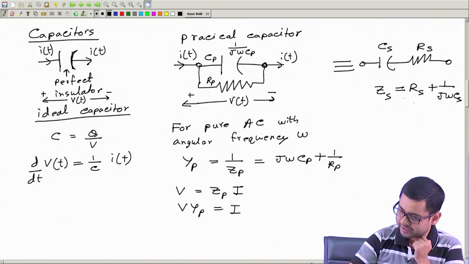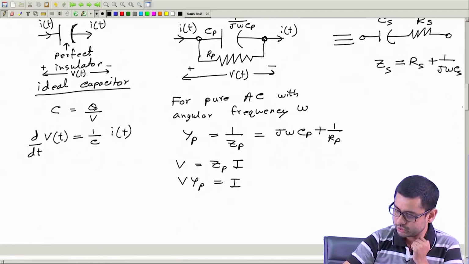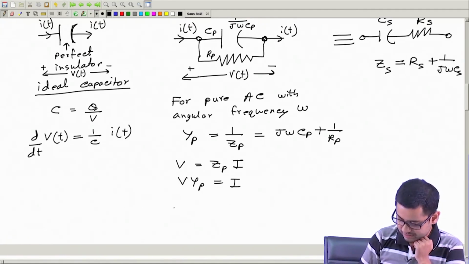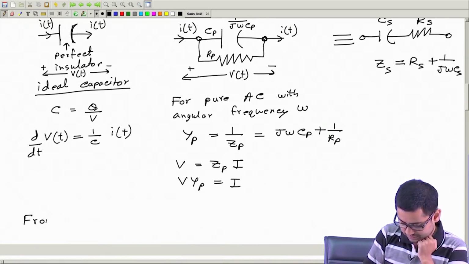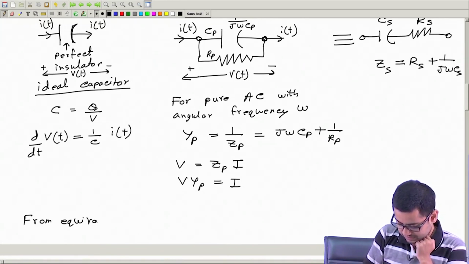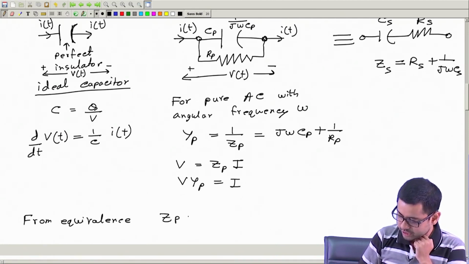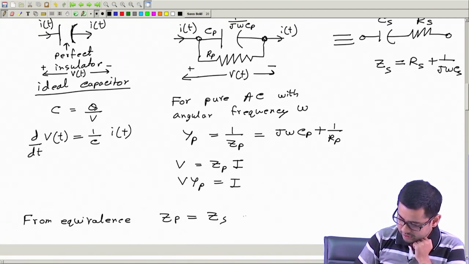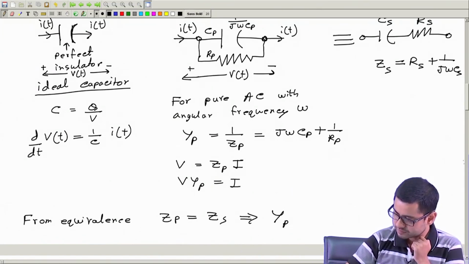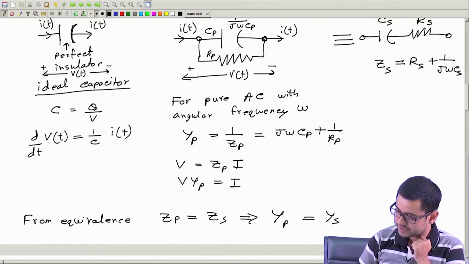Now, for these two circuits to be equivalent, we can write that Zp should be equal to Zs, or we can also write it this way, Yp is the same as Ys.